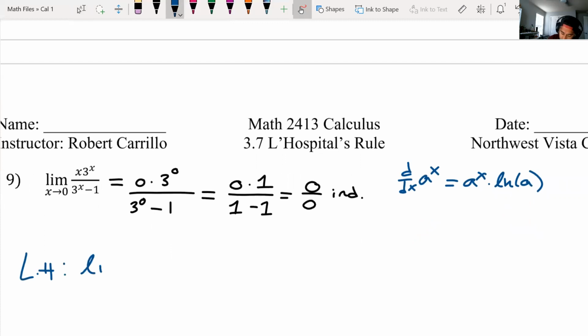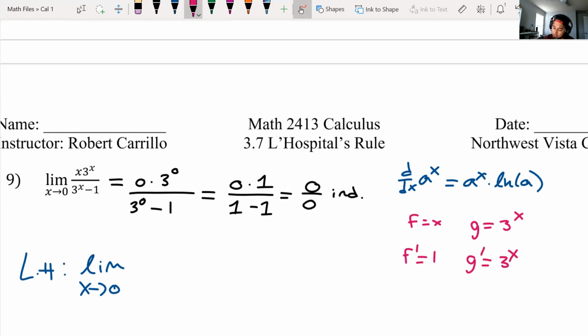Product rule. Good. So I'll do that here. F is x, g is 3 to the x, f prime is 1, g prime is 3 to the x natural log 3.